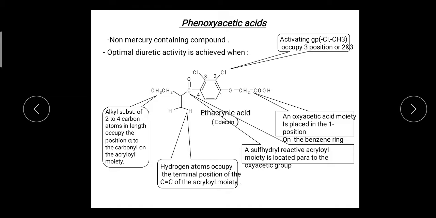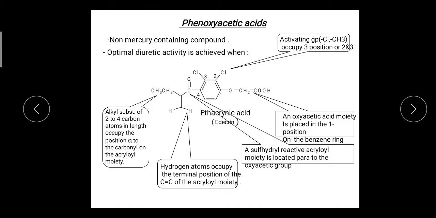Then an alkyl substitution of 2 to 4 carbon atoms in length occupies the alpha position to the carbonyl group in the acryloyl moiety. Here is the carbonyl group, and in this case the chain is of 3 carbons; that chain should be 2 to 4 carbons.